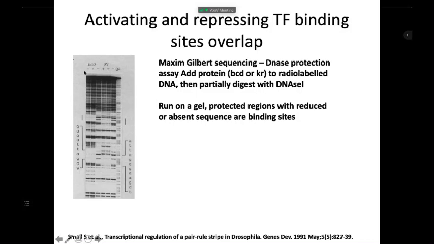And so you can see here that bicoid binds this region here, and Krüppel binds this region here, and you can see that these two regions overlap.